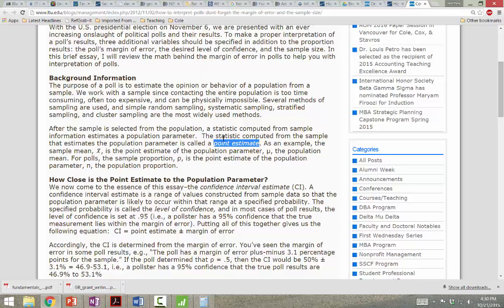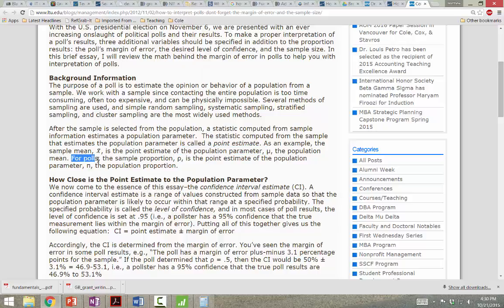When it's from the population, it's called the parameter, right? So as an example, the sample mean, X-bar, is the point estimate, or what we've used so far this semester, we've called it the statistic. It's the statistic of the population parameter mu, the population mean.